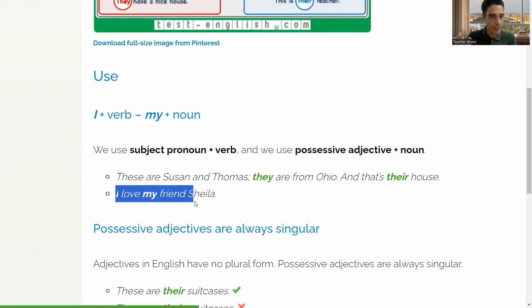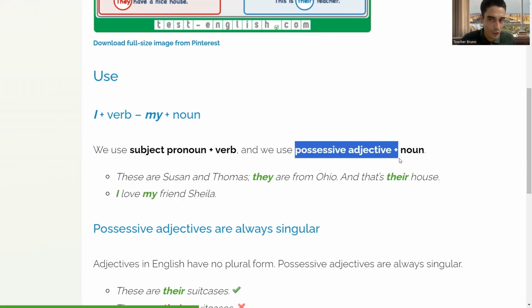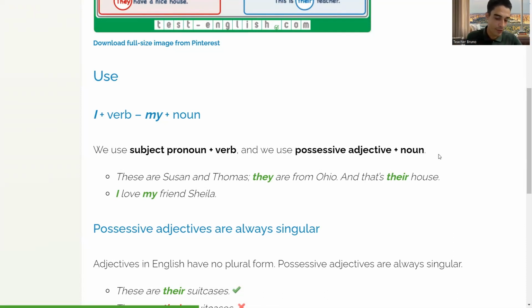I study English. Subject pronoun. And we use possessive adjective plus noun. Nouns are objects. A pen is a noun. A microphone is another example of noun. A laptop, a book, etc.